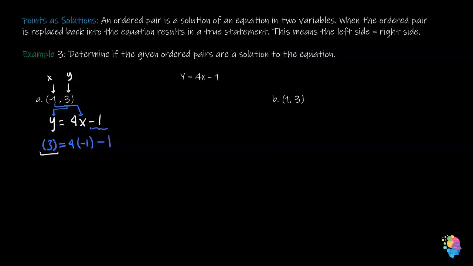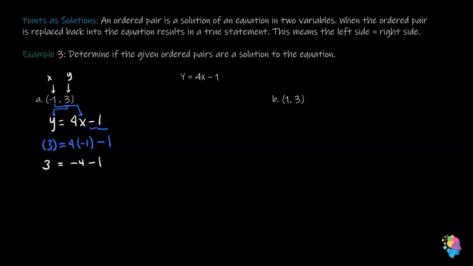Now, you don't have anything outside that parentheses for the 3, so we can just drop the parentheses altogether, and that's going to give us 3 on the left side. On the right side, I have this multiplication of 4 times negative 1, which is negative 4. And then don't forget to bring down that minus 1.